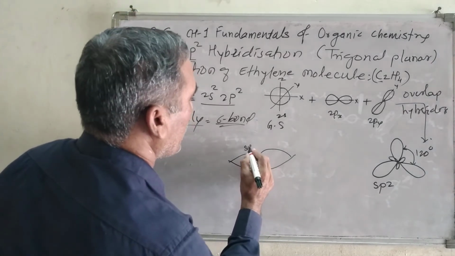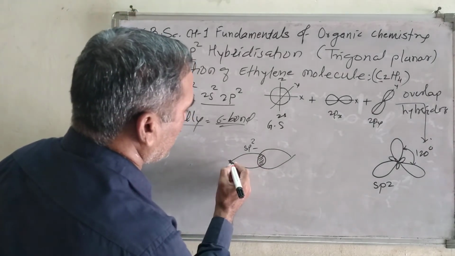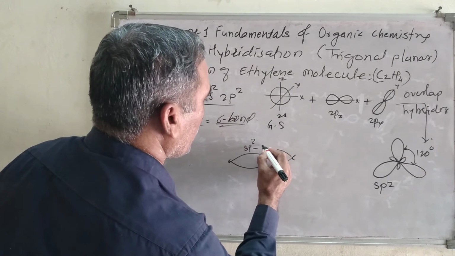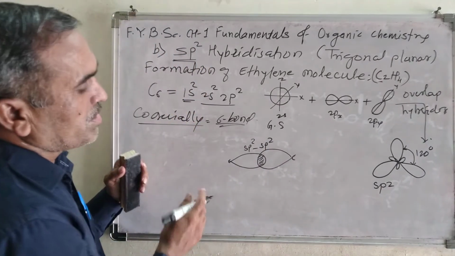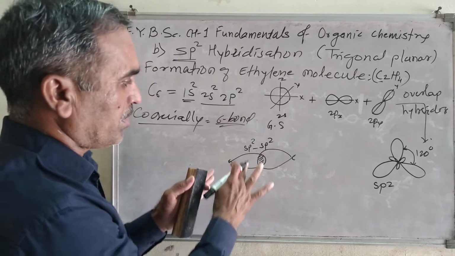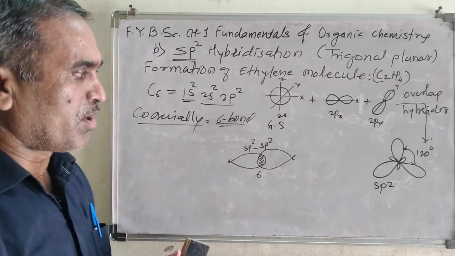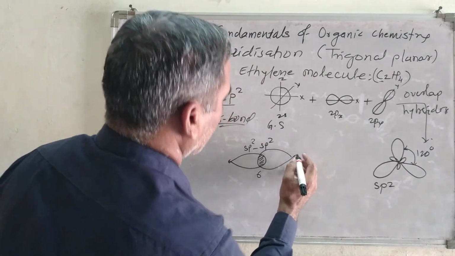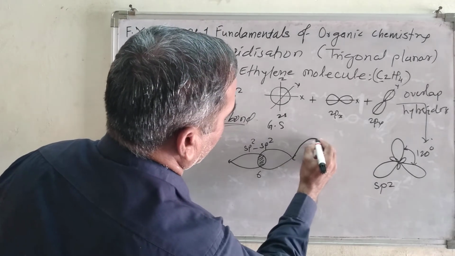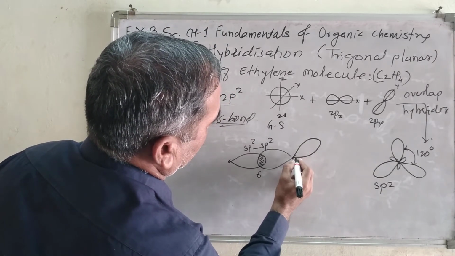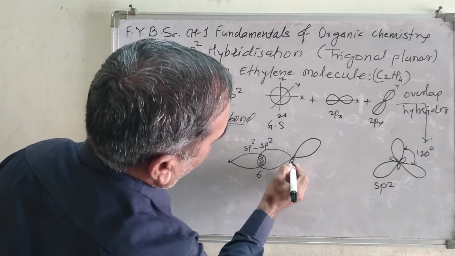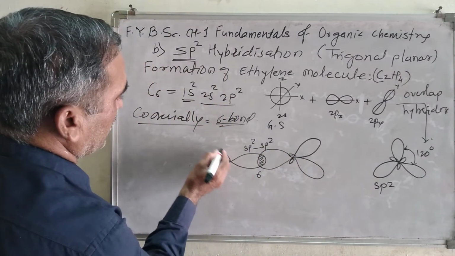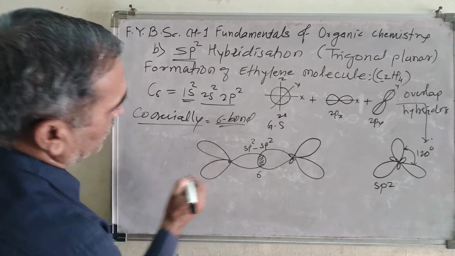This is an sp2 hybrid orbital of one carbon atom. Imagine there is a carbon atom here and another carbon atom here. An sp2 hybrid orbital overlaps with the sp2 hybrid orbital of the other carbon atom, and they form a sigma bond. Now the lobes remain as they are, one orbital here, another orbital here, right?